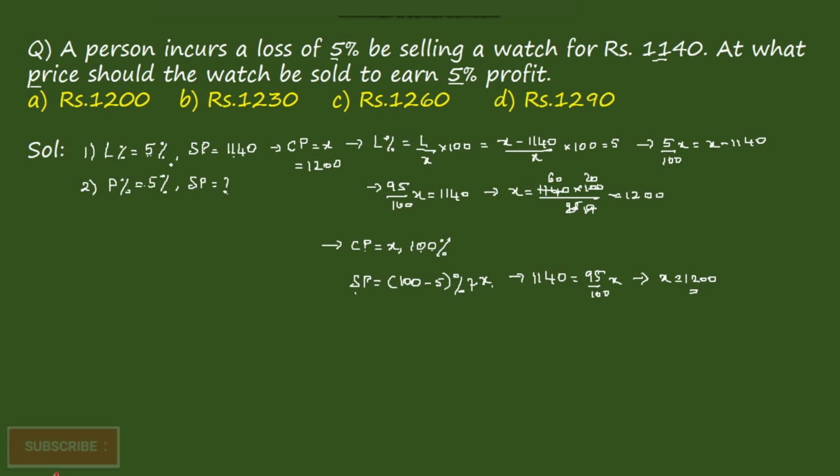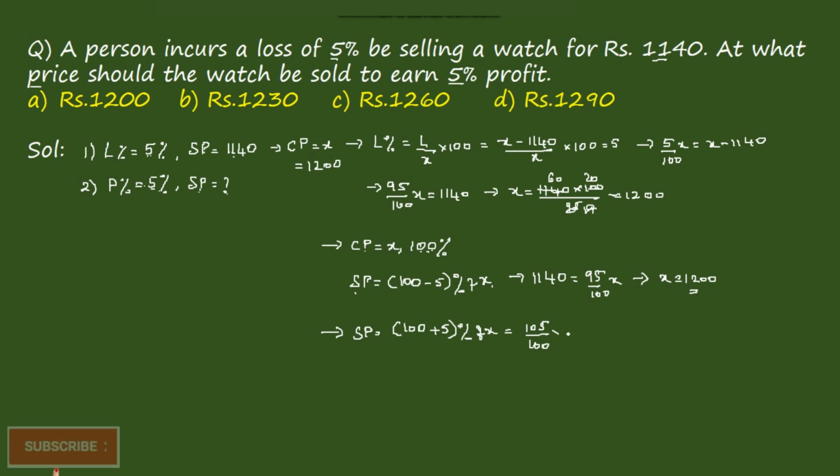There is one more method of solving it. That was a lengthy method. There is a simple method to solve it. Now we have to find the selling price to get a 5% profit. So here the cost price is 100%. We have to get a selling price with a profit of 5%. Then selling price is equal to 100 plus 5 percentage of X, which is equal to 105 by 100.